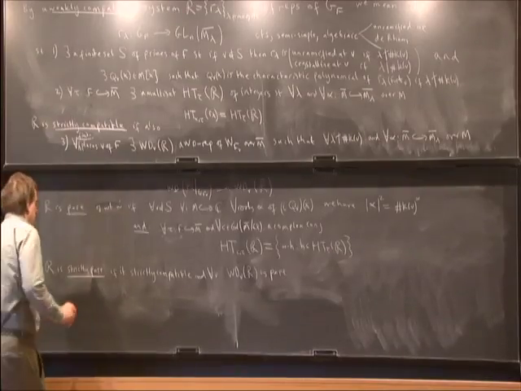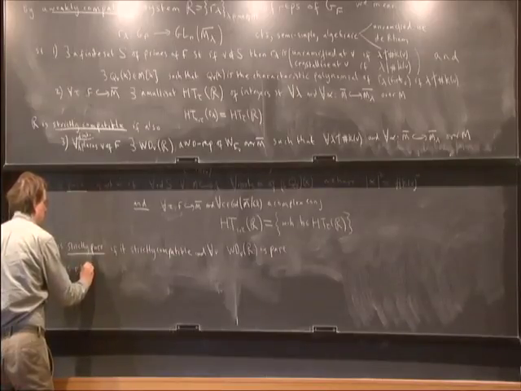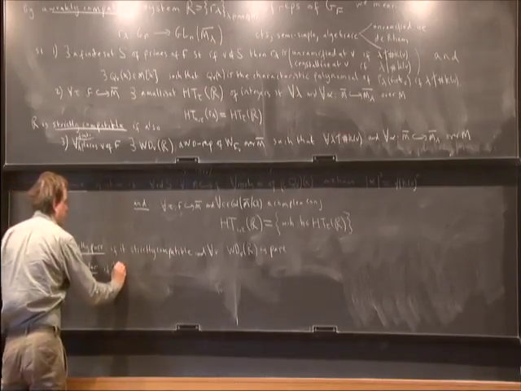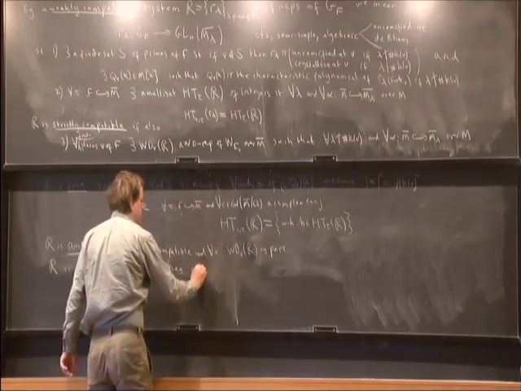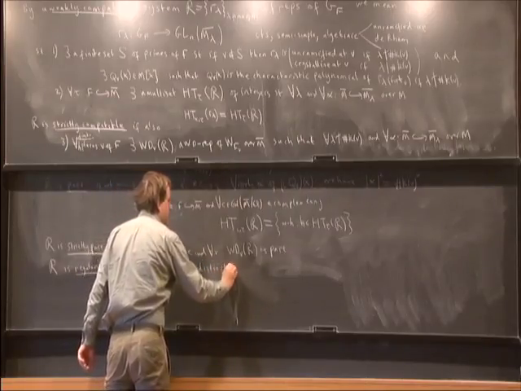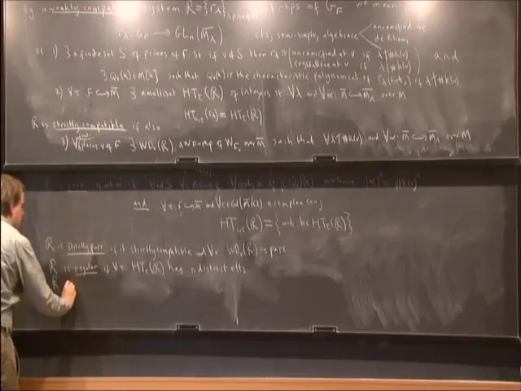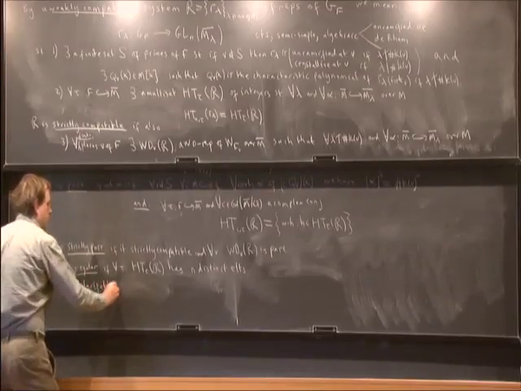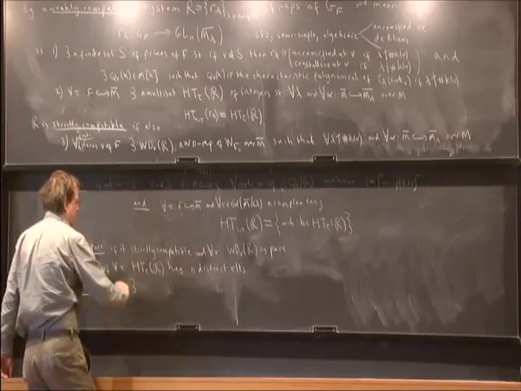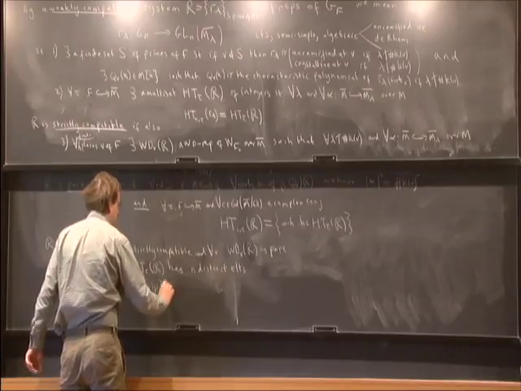What else? Just by analogy with a single representation, I'll call R regular if for all Tor, Hodge-Tate Tor of R has n distinct elements. So there are no repeated Hodge-Tate numbers. I will call R polarizable if there exists a compatible system of characters, one-dimensional representations.